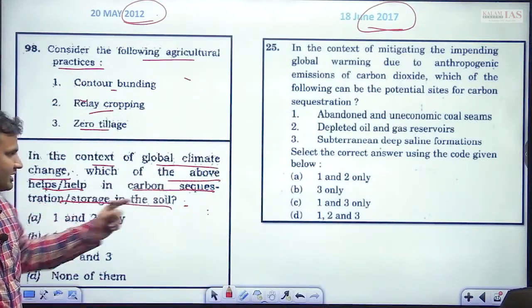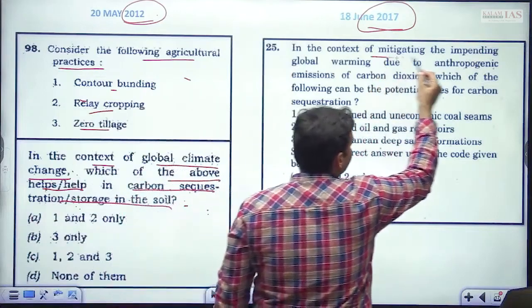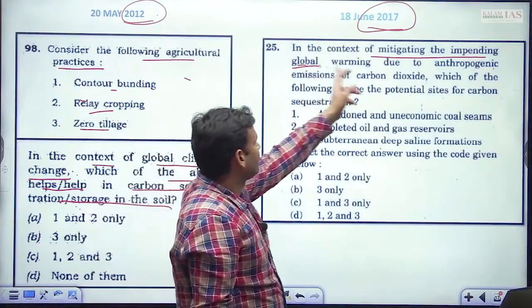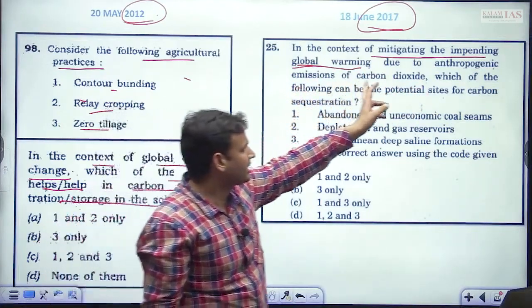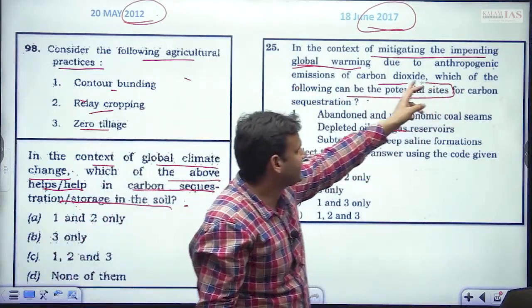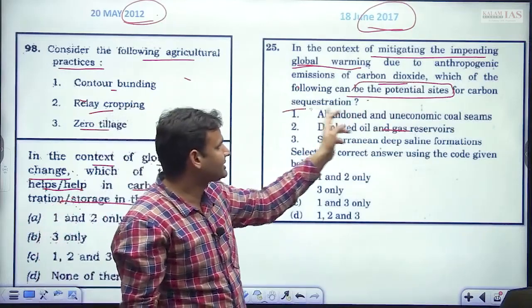तो कार्बन कैप्चर, कार्बन स्टोरेज, 2017, in context of mitigating the impending global warming due to anthropogenic emissions of carbon dioxide, which of the following can be the potential sites for carbon sequestration?